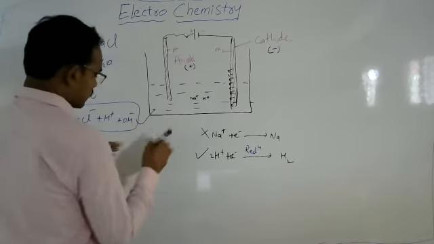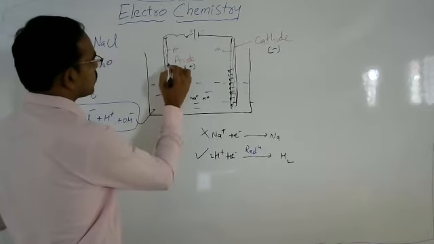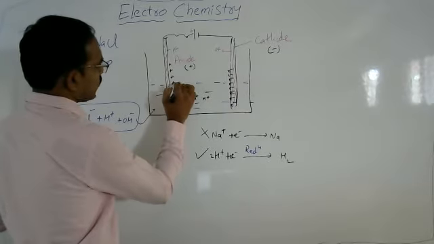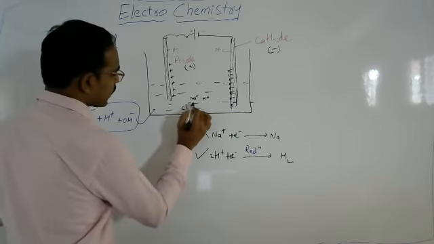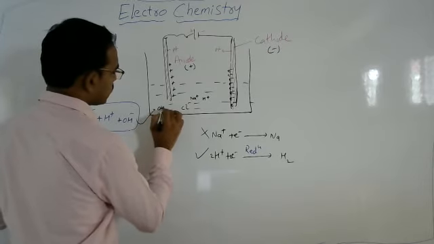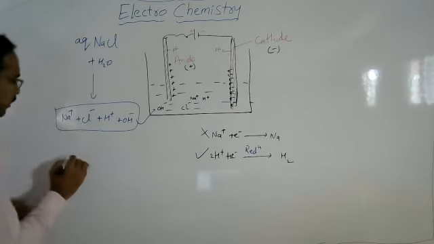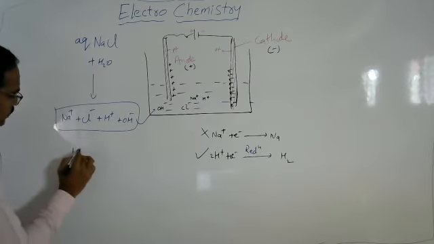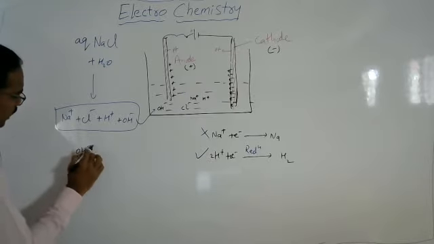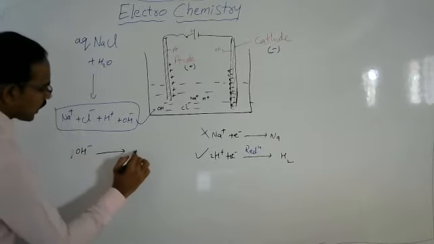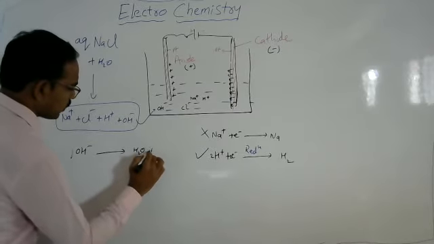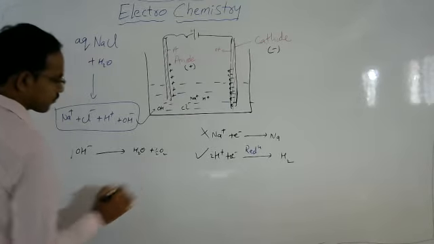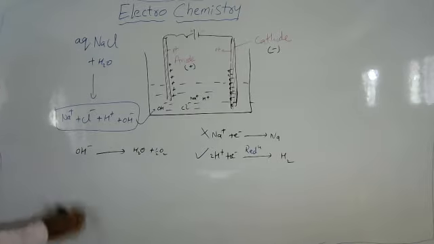Next, here at the anode, what happens? Anode is positive charge. So obviously negative particles will reach here. Those are OH-. OH- loses an electron forming H2O and half O2.